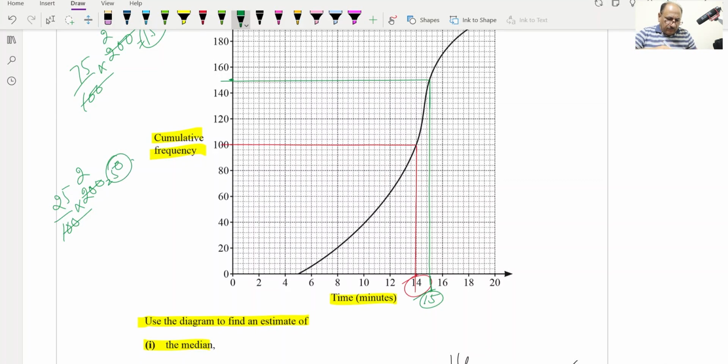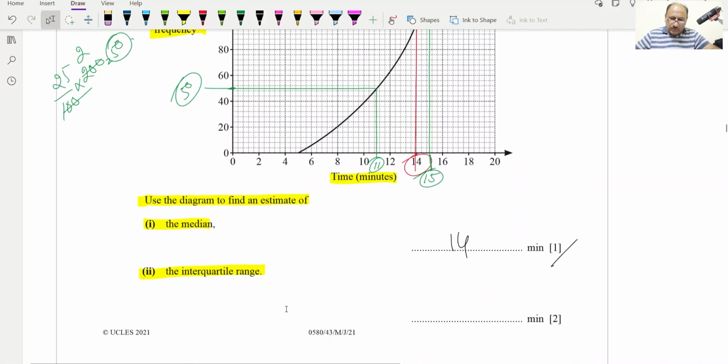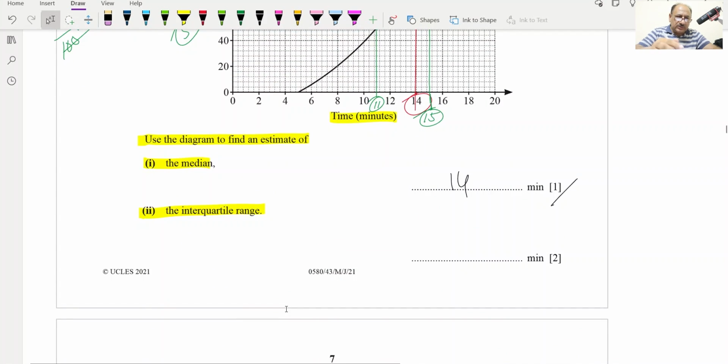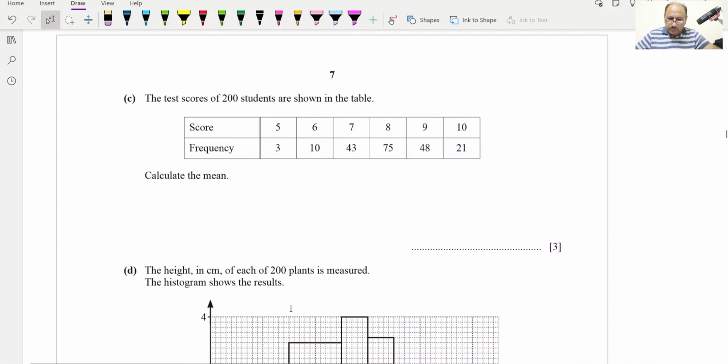So the reference of 50 we can check from the y-axis, and we can check from this side, and this is over here, which we can take up to 11. So 11 is the lower quartile, so 15 minus 11, which is equal to 4. So our answer will be 4. That is the 2-mark question, which we are done.